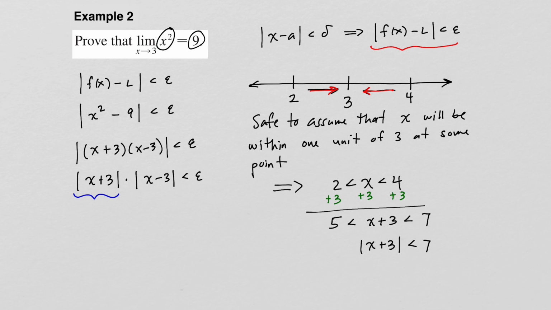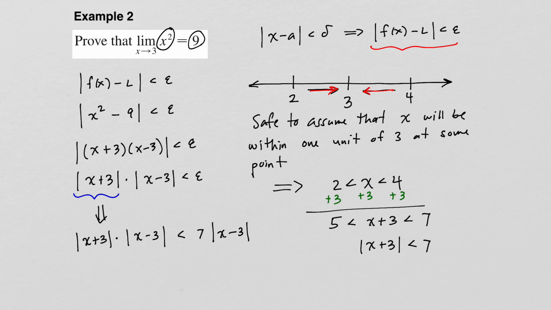Okay, so what does this mean? Now continuing down here, we know the absolute value of x plus 3 times the absolute value of x minus 3 must be less than 7 times the absolute value of x minus 3. All I'm doing here is using the fact that we know that this number is less than 7, as we stated over here.